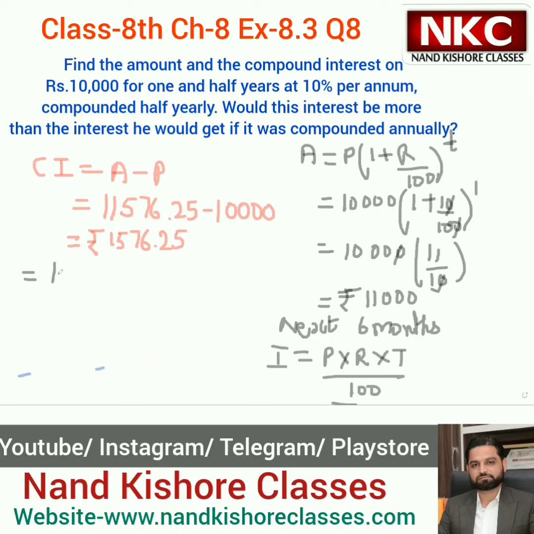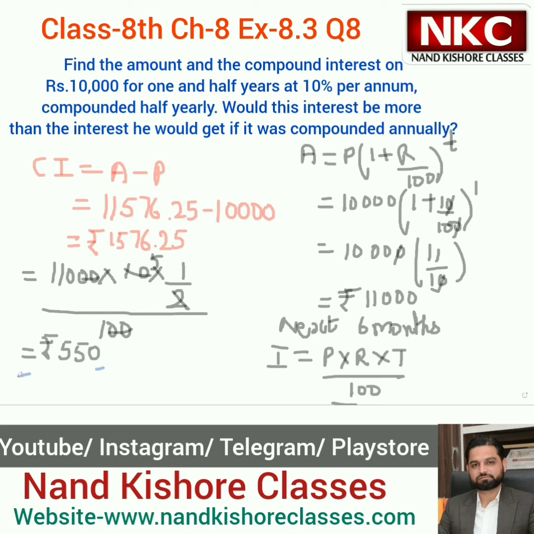The principal amount is 11,000. The rate is obviously 10%, but the time is 6 months, right? So time is half year. That's why I'm writing half. These 2 zeros are cancelled. 2 and this 10, if cancelled, we get 5. So it becomes 110 multiply 5, which means 550.